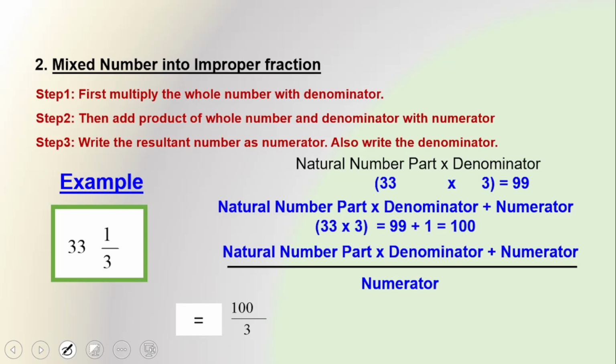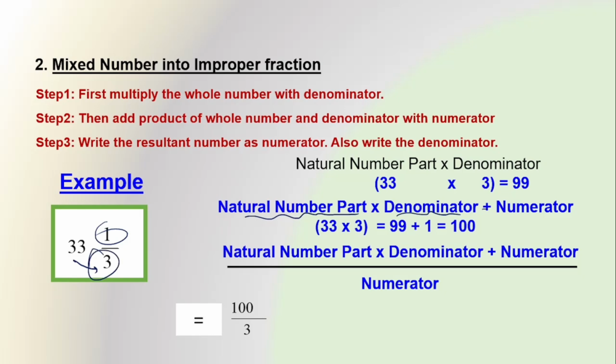Next, mixed number to improper fraction. How? First we multiply the natural number with the denominator, then add the numerator. Simply 33 times 3 is 99, plus 1, that is 100 by 3.